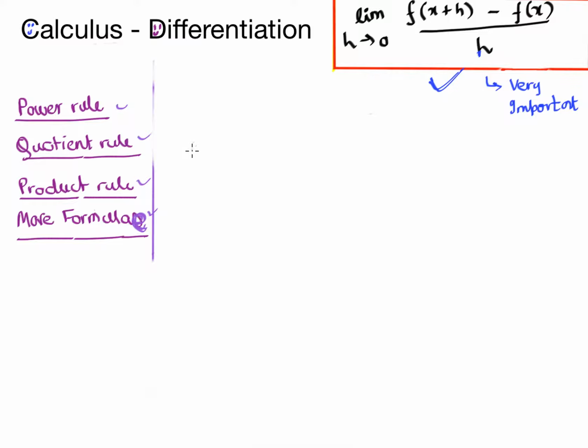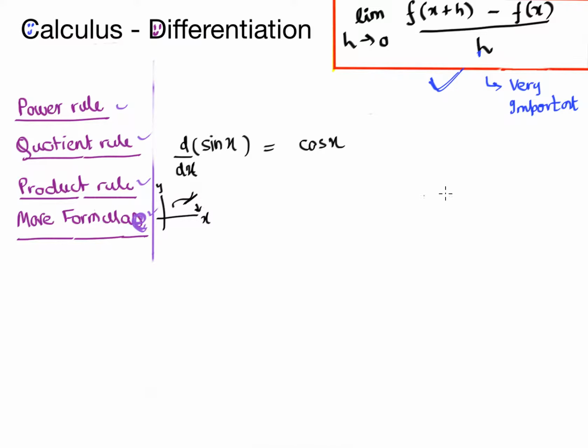So we may have something like sine of x. What is the derivative of sine of x with respect to x? Notice I say with respect to x because x is the x-axis and y is the y-axis. So basically, we are finding the rate of change in y with respect to the x-axis. So what is d by dx of sine of x? That is cos of x.